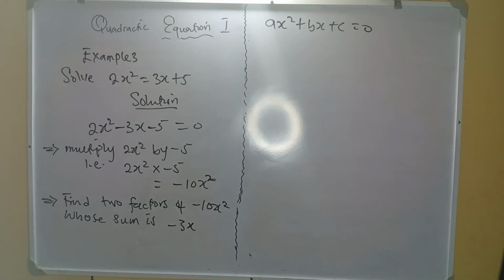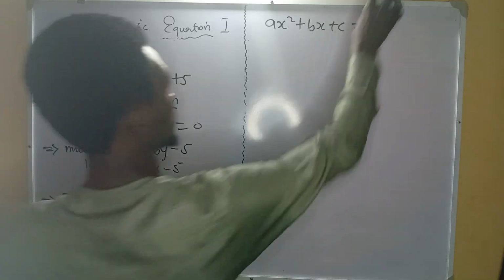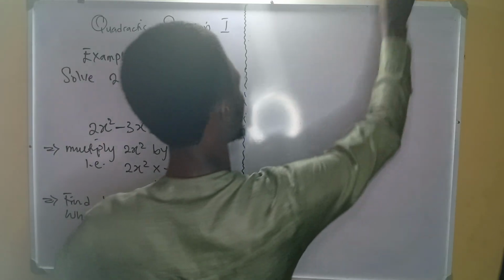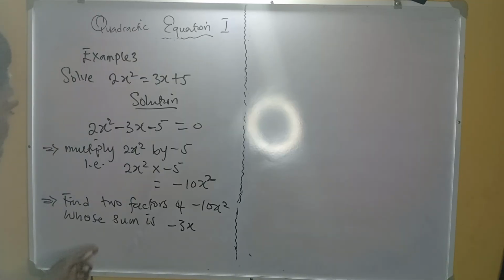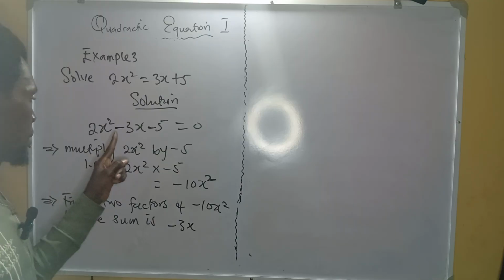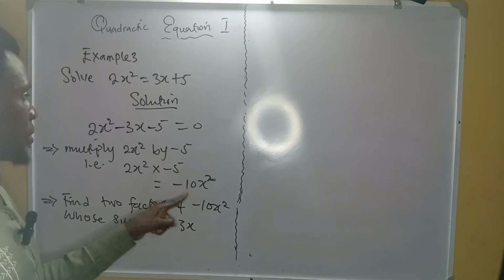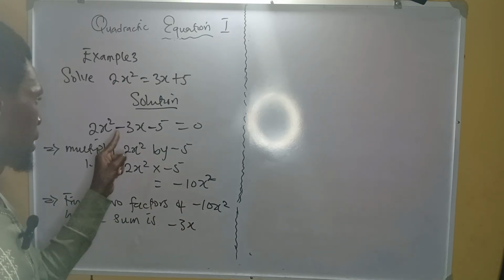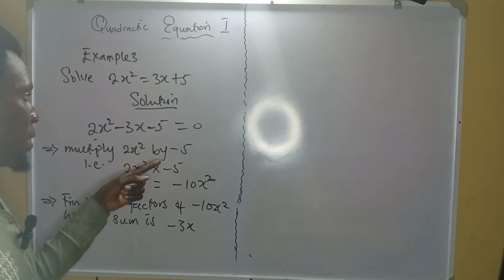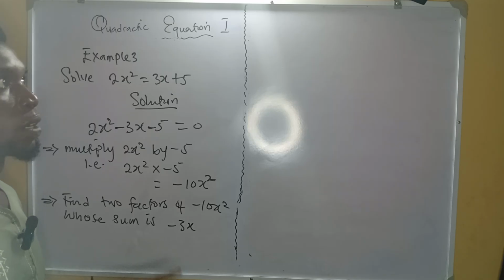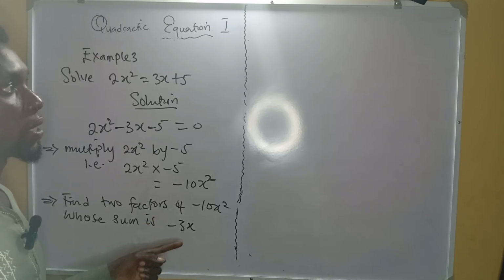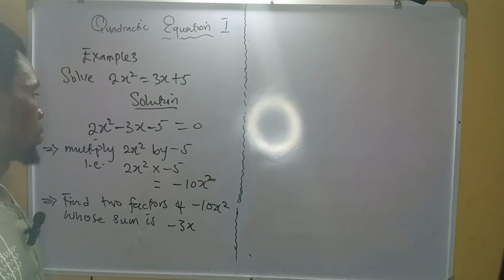So we are preparing the table, and what we will have is this. Okay, let's look at this. The last term, the product, is negative, and the middle term is negative. Remember that whenever the last term is negative, of the two factors you are to find, one will be negative and one will be positive.